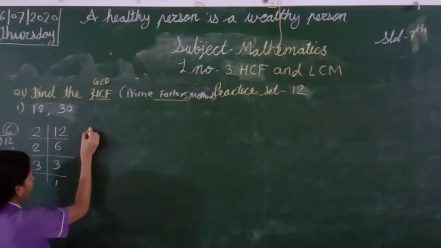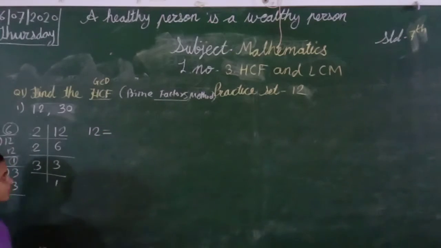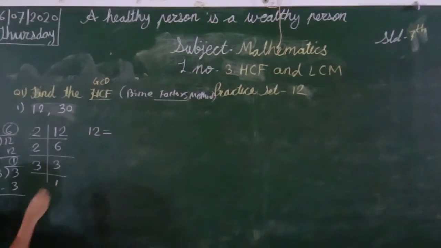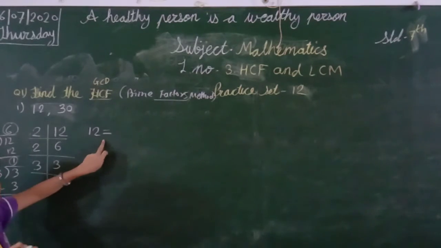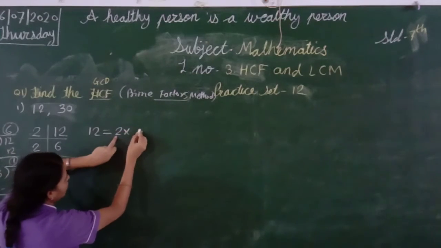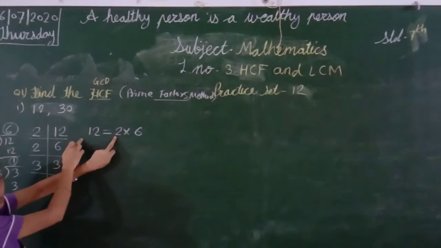Now we see the horizontal method. The same factors will come, but the method is different. Use whichever is easy for you, students. Now 12: first choose a small number. 12 comes in table 2, yes, so 2 sixes are 12.